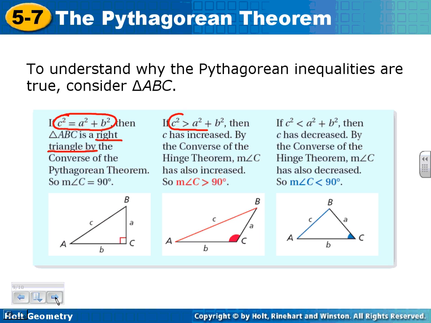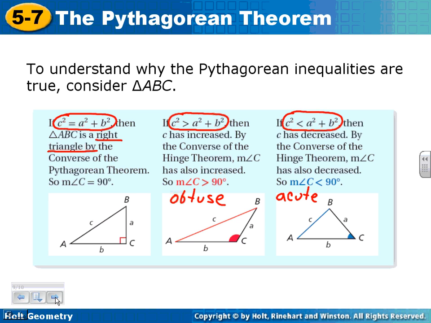If c squared is greater than a squared plus b squared, then it's a wide triangle, and this makes it obtuse. And again, over here, the c squared comes first. c squared, if it's less than a squared plus b squared, we have an acute triangle.